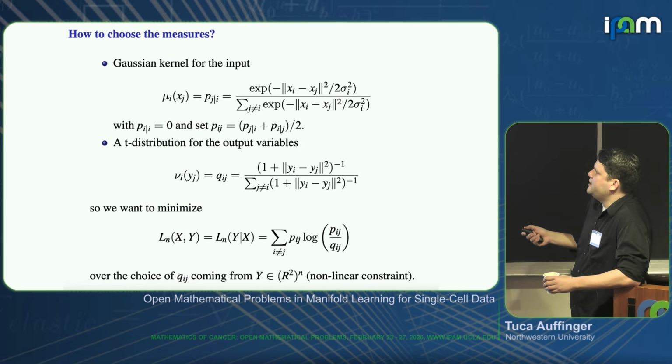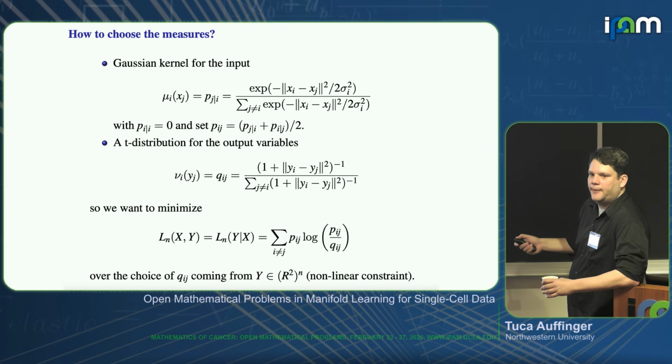The normalization for each Gaussian will depend on the data point xi. So if I want to construct the measure mu i related to the point xi, I use its information, captured first by the distance, but also by this standard deviation that I'll come back to. Keep that in mind.